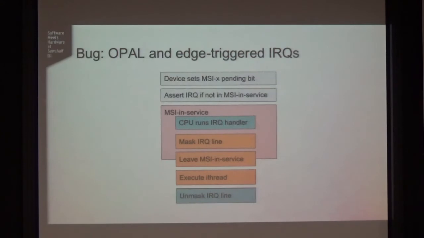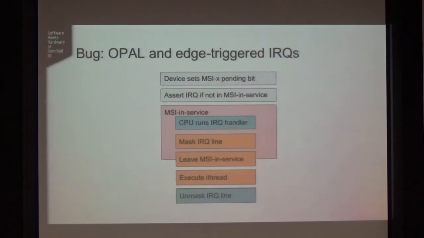It's mostly because we don't want to have an MSI-X storm and we need to stop the arrival of the next MSI-X for a while. So this is why the state is necessary. And then it asserts the CPU IRQ line, which allows the CPU to execute the handler.